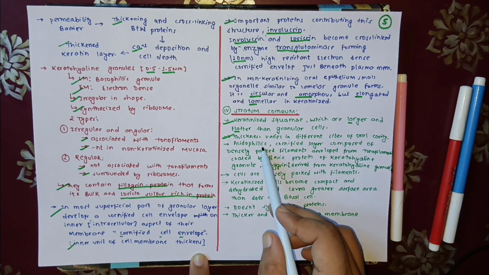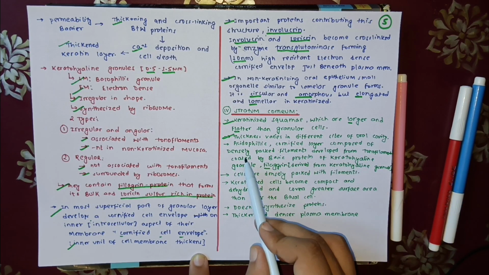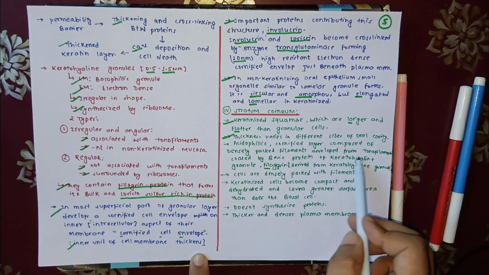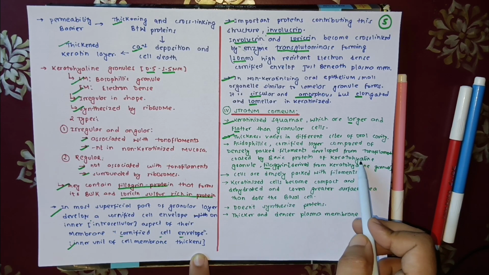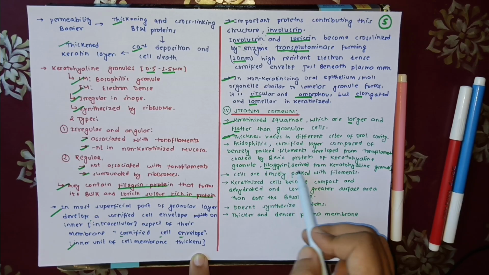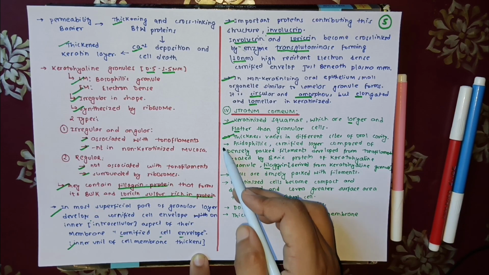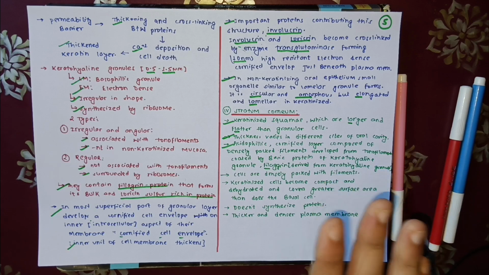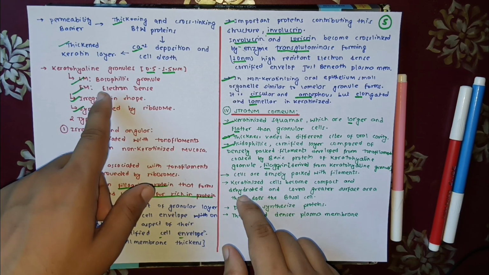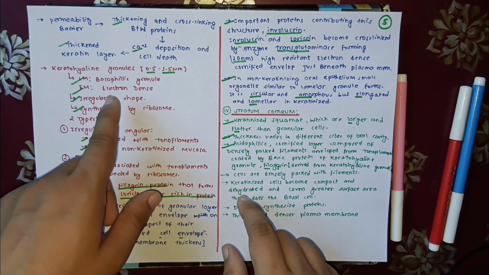After that, acidophilic cornified layer composed of densely packed filaments developed from the tonofilaments coated by the basic proteins of the keratohyalin granules, filaggrin, derived from the keratohyalin granules. Just remember from this point that stratum corneum is acidophilic, but in granulosum they were basophilic due to presence of the granules.